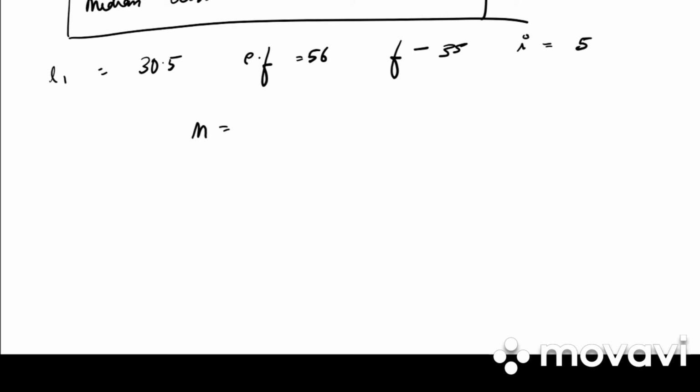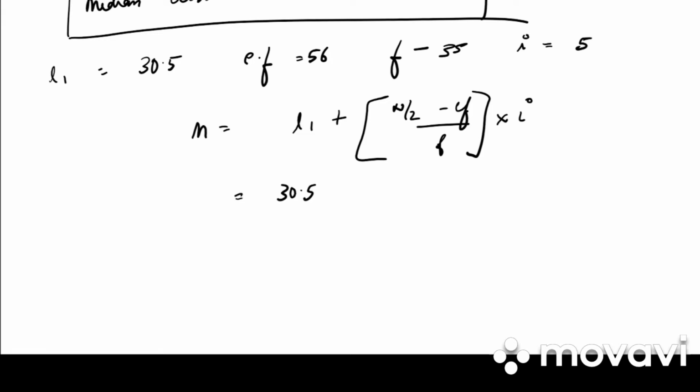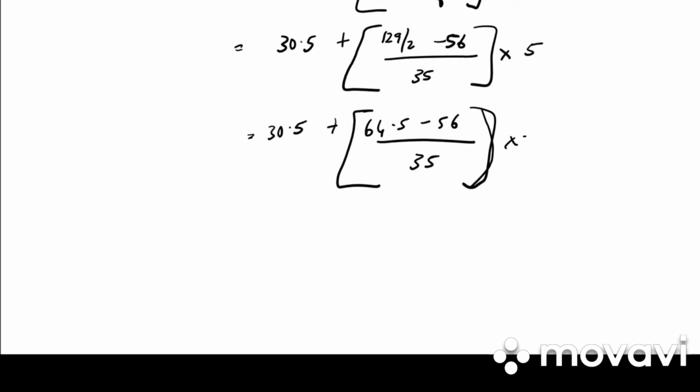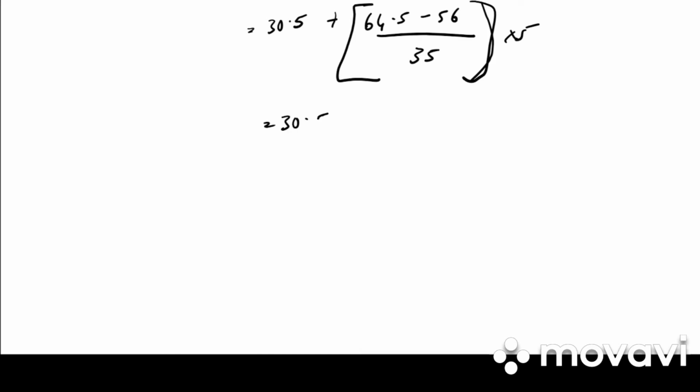What is the formula? M is equal to L1 plus n by 2 minus Cf divided by f into I. 30.5 plus 129 divided by 2 minus 56 divided by 35 into 5. 30.5 plus 64.5 minus 56 divided by 35 into 5. 5 sevens are 35, so 30.5 plus 64.5 minus 56.